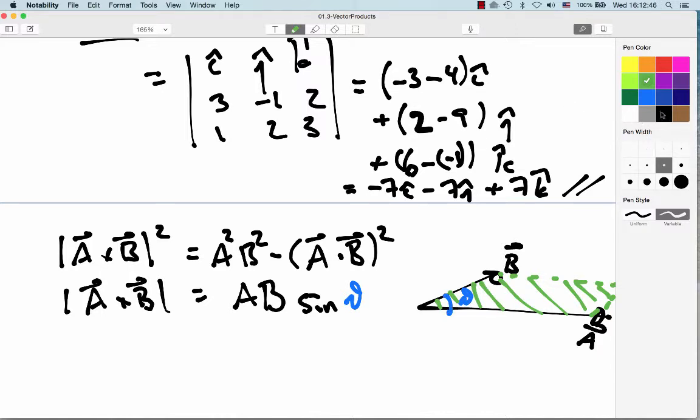Now to get the direction, we know that it's got to be perpendicular both to A and to B from before, and you can work out in this particular case that A cross B is going to point up like so.